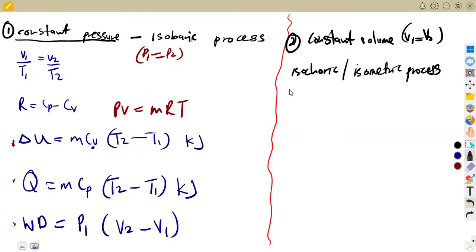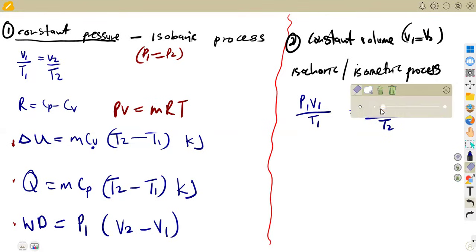On that condition, that means we are talking about PV being related. Remember from our PV, if we've got something like this, P1 V1 over T1 is equal to P2 V2 over T2. I talked about that in our introduction. So if we are saying V1 and V2 are the same, what does it mean?